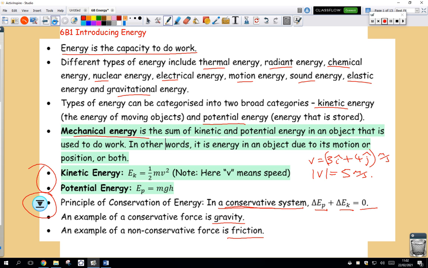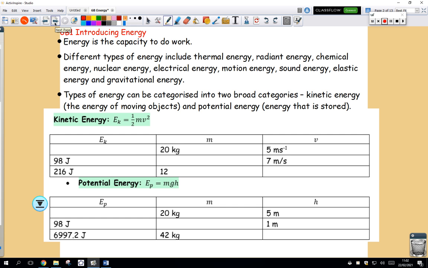So I just want to have a look at a couple of things. I want to start by just looking at kinetic energy. And kinetic energy we've defined as being half times m times v squared, where v is the speed. So I've put in some titles here. One thing you could do, before you do anything, I suppose, always a good thing when you see a formula, is to change the subject of the formula.